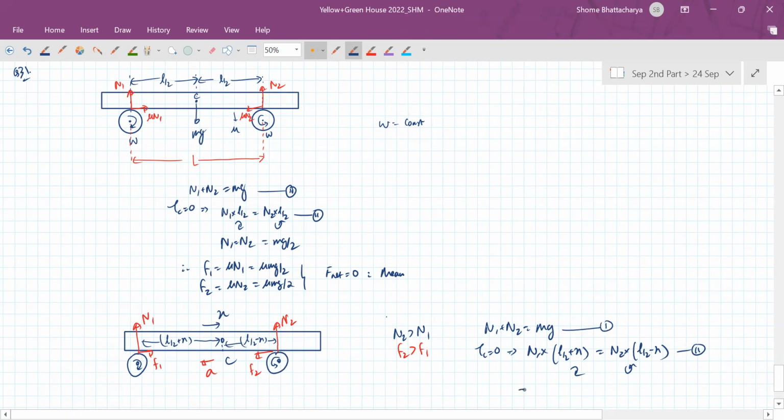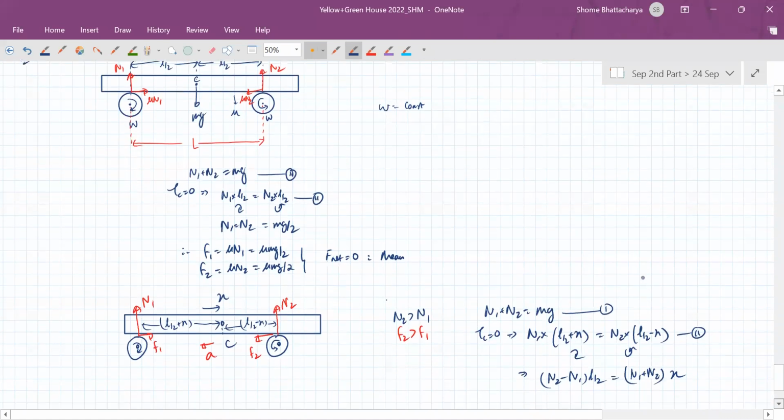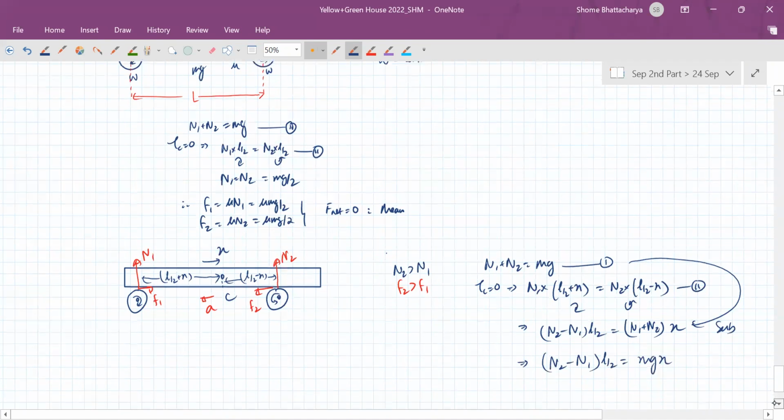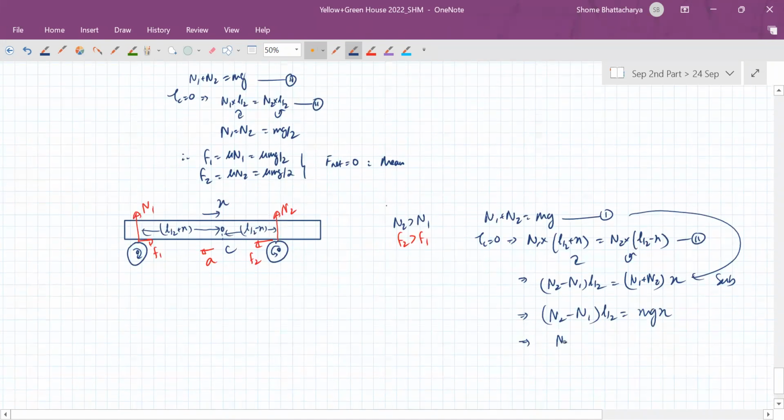So from the second equation, you can see that N2 minus N1 into L by 2 is equal to N1 plus N2 into x. Now substitute this from the first equation. So you have N2 minus N1 into L by 2 is equal to mgx. So the difference of the normal reactions is equal to mgx upon L by 2.